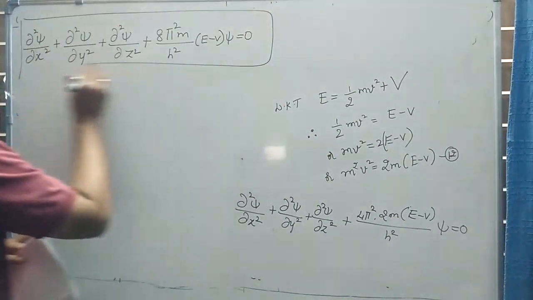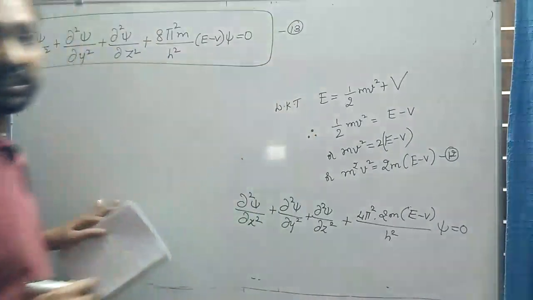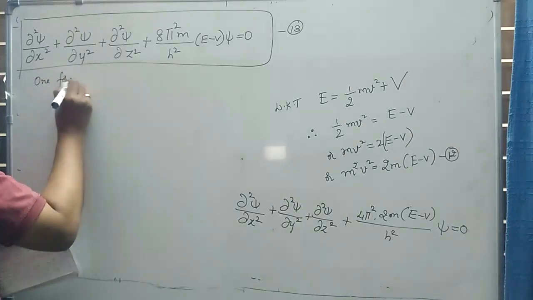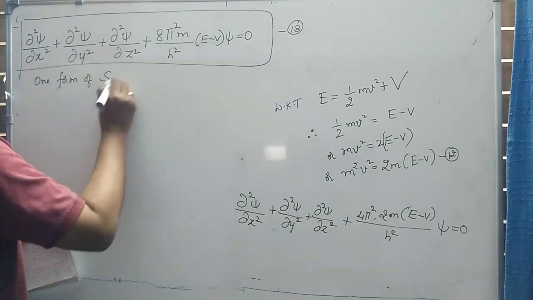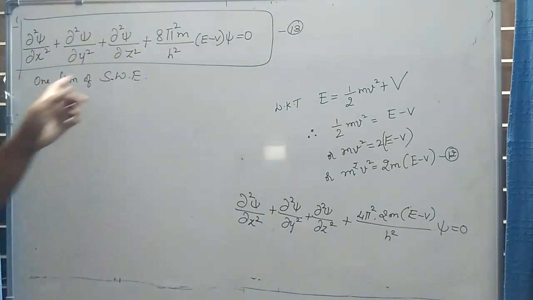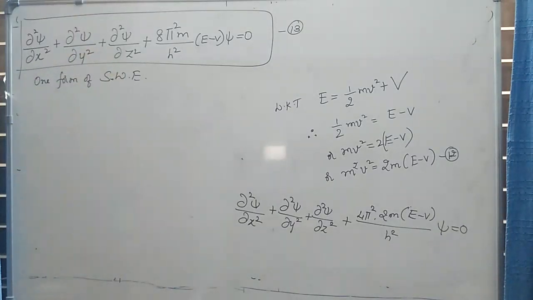This equation is nothing but one form of writing the Schrodinger wave equation. This is a very important equation in quantum mechanics called the Schrodinger wave equation.